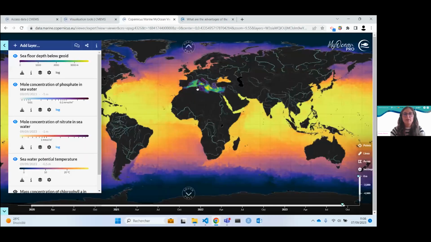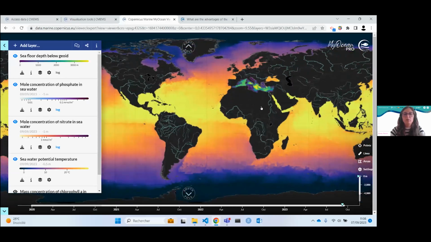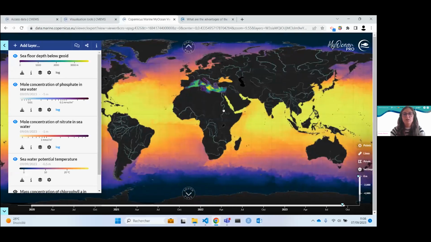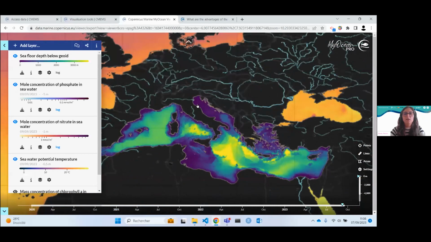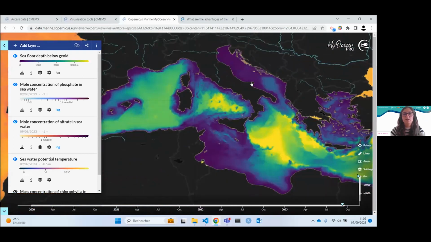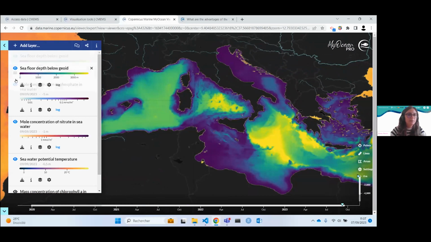Okay. So on MyOcean, you can easily pan around the map holding down the left click, and you can zoom in and zoom out with the mouse wheel. For more visibility, you can change the order of the layers by dragging them up or down.